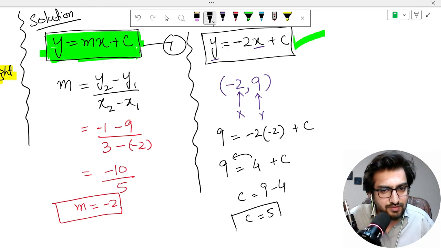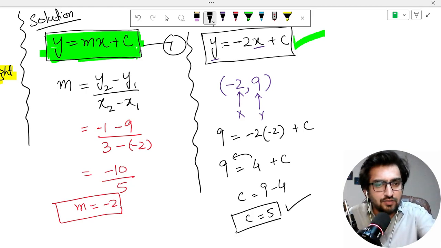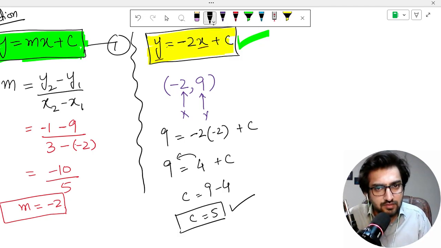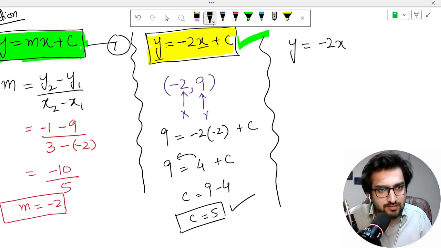So we got c equal 5. So now we will put c in this equation, and that will be the equation of that given line. y equal minus 2x plus 5. So this is the answer.